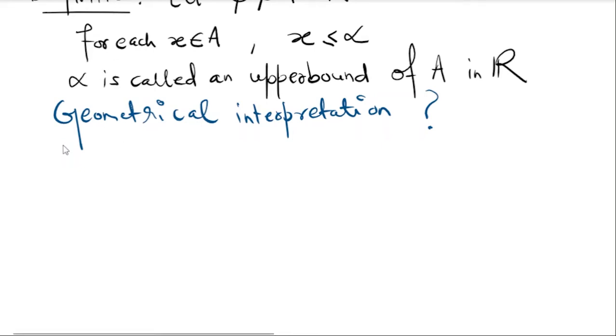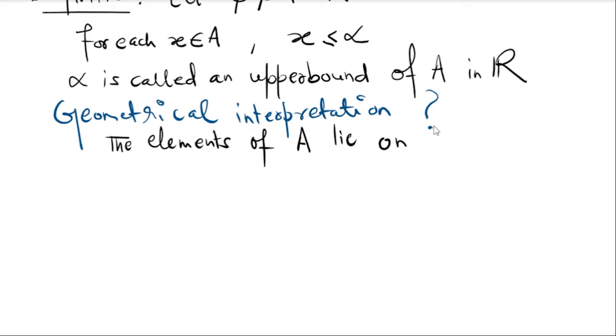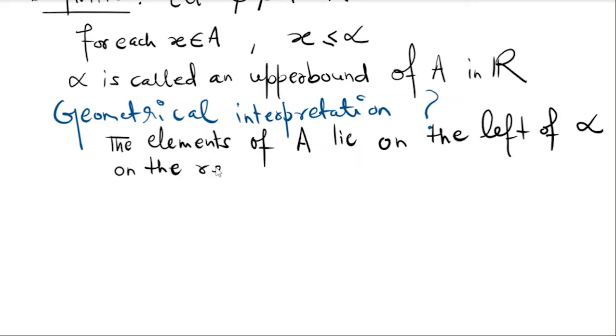This means that the elements of the set A lie on the left of alpha, on the real number line.